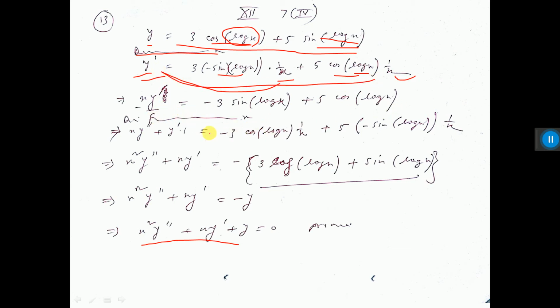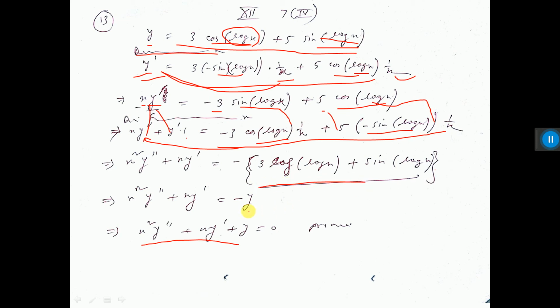So again if you differentiate, here u into v differentiation, that is x into y double dash plus y dash into x differentiation 1, minus 3 is here, sin x differentiation cos x, again log x 1 by x, 5 is here cos x, that is minus sin x, again log x differentiation 1 by x, multiply by this x square, multiply this side, then here x will cut, here x will cut, x square y double dash plus x y dash here, so this is equal to y.